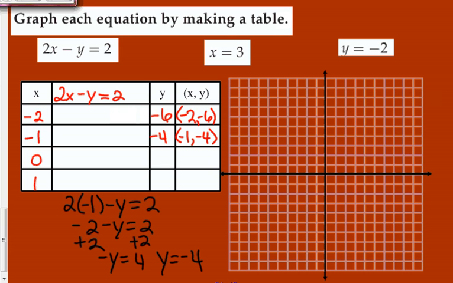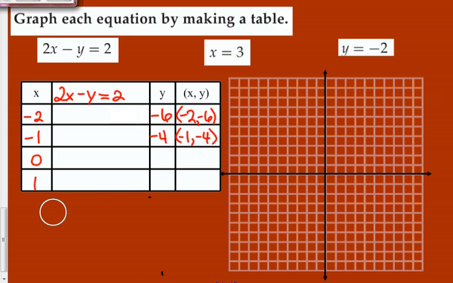Do it again. 0. You need to do about 4 points. So then we're going to do 2 times 0. Minus y equals 2. So this makes it 0. Minus y equals 2. And then y is -2.